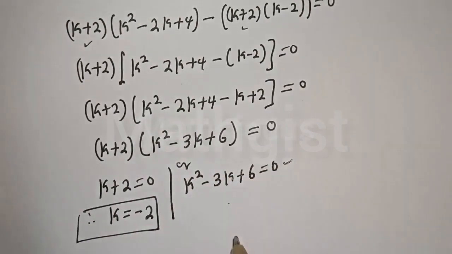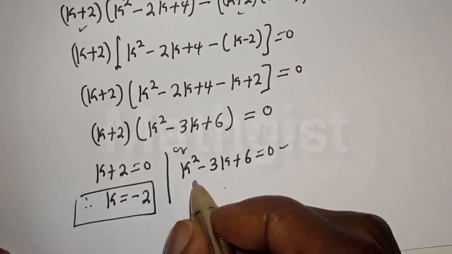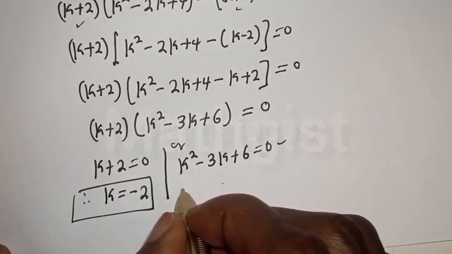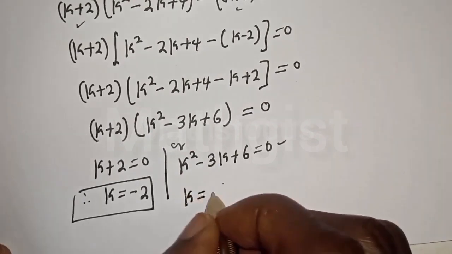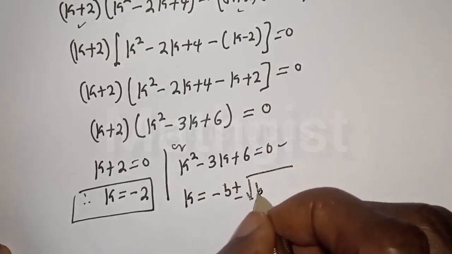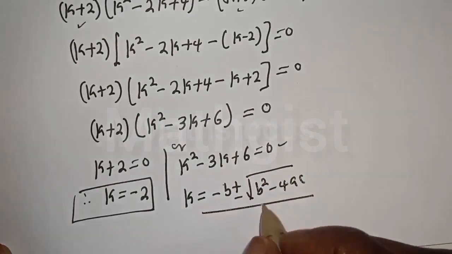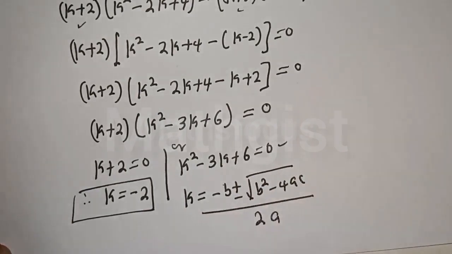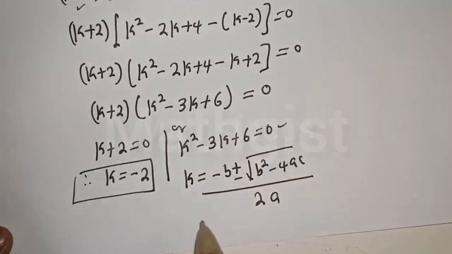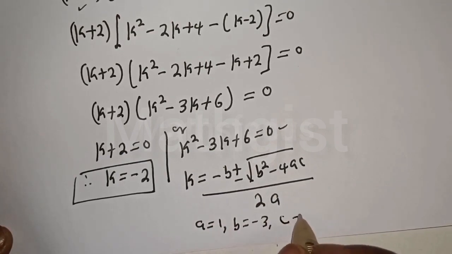This is a quadratic equation, which can be solved using the quadratic general formula. And our quadratic general formula in this case gives us k is equal to minus b plus or minus square root of b squared minus 4ac over 2a. From this equation, a is equal to 1, b is equal to minus 3, c is equal to 6.